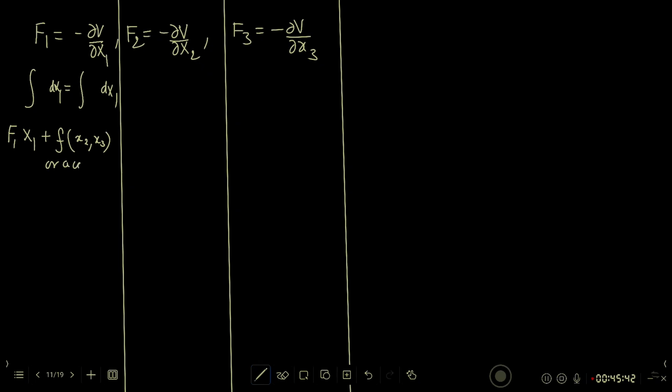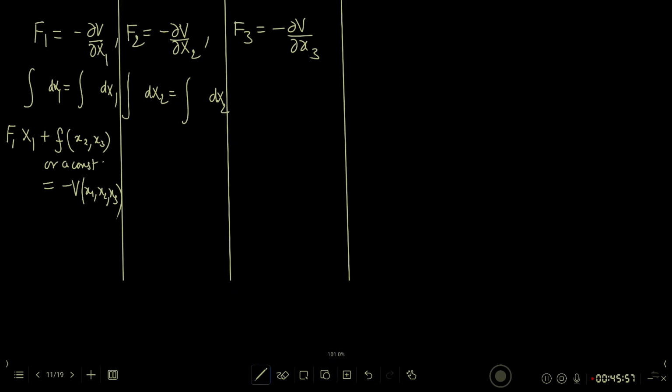Right hand side I get V. Another function of x1, x3 or a constant.